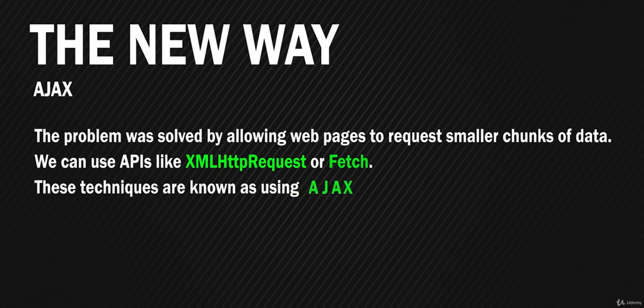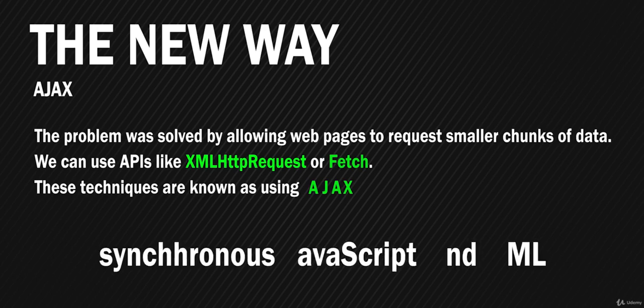And can you guess what Ajax stands for? I'll give you a clue. That's right, it stands for Asynchronous JavaScript and XML. And as I just mentioned, originally it mainly used the XMLHttpRequest object to request XML data. Hence the X in Ajax stands for XML.